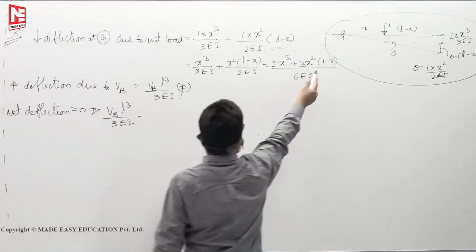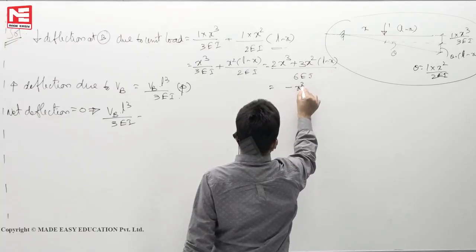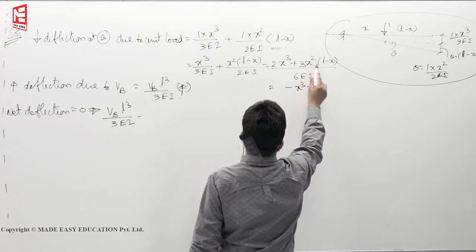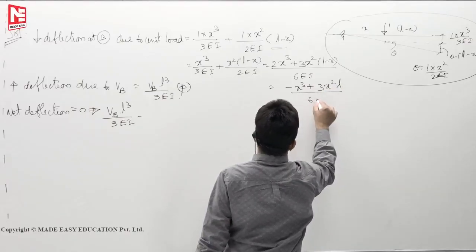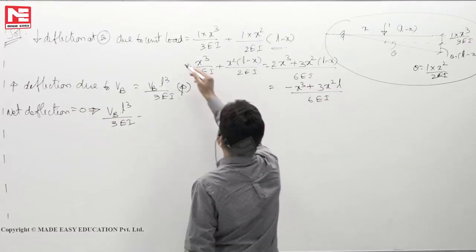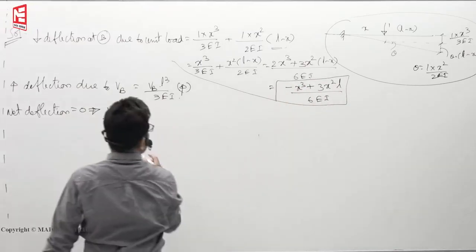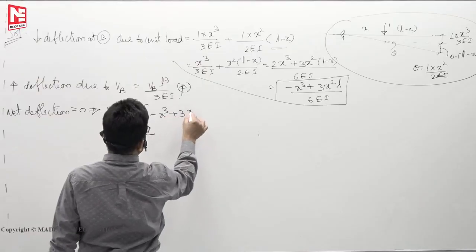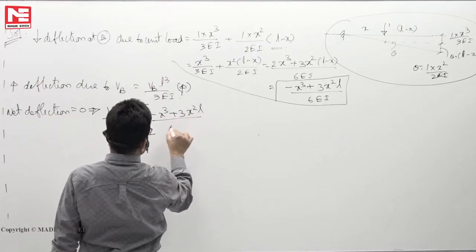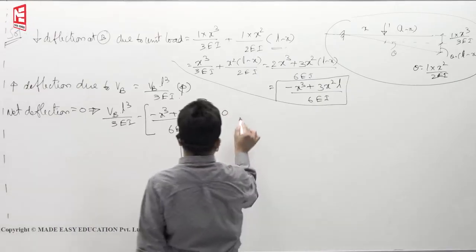Minus 3x cube means minus x cube plus 3x square L by 6EI. So this is the formula: minus x cube plus 3x square L by 6EI should be equal to 0.